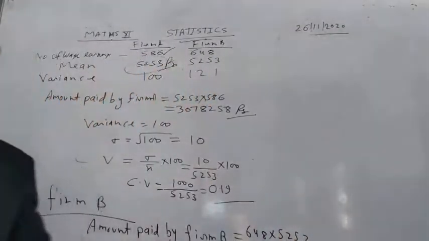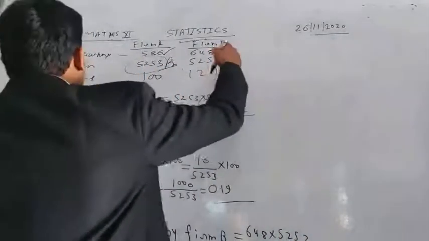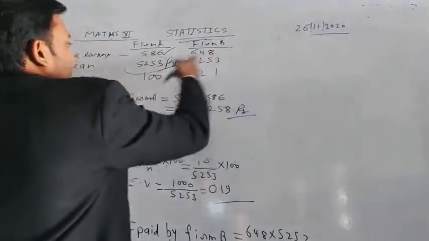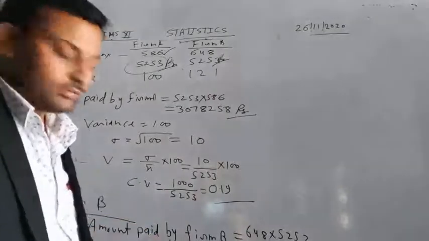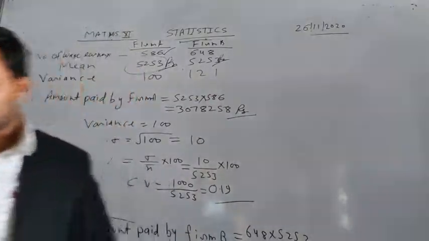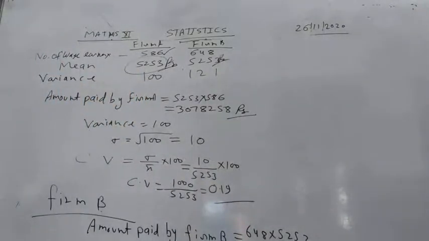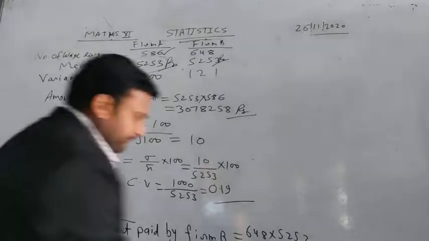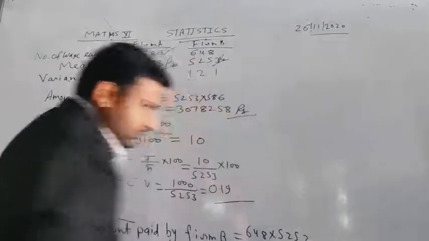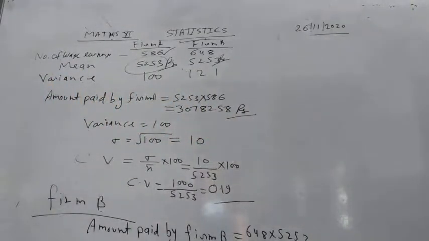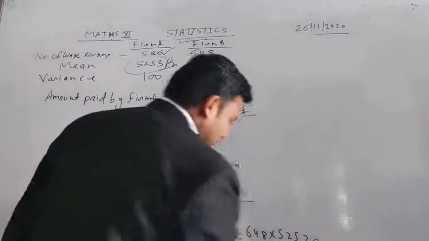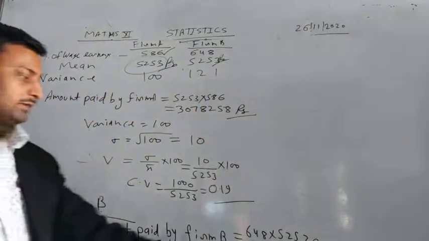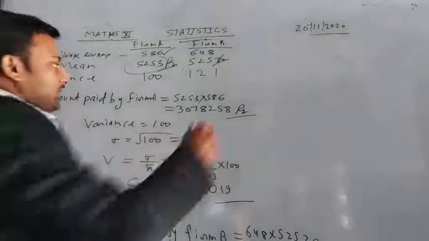It will be the total amount, because the number of earners is this and the mean amount is near about this. So we will get 403944. So this is the amount paid by firm B.